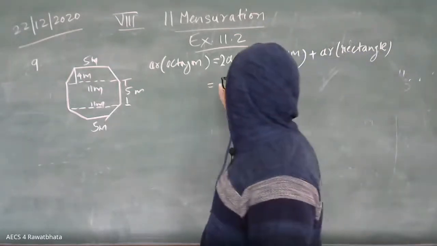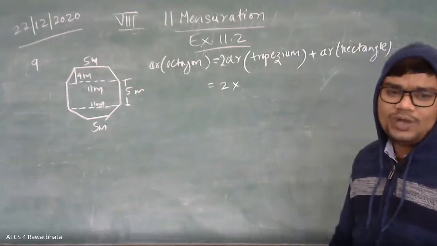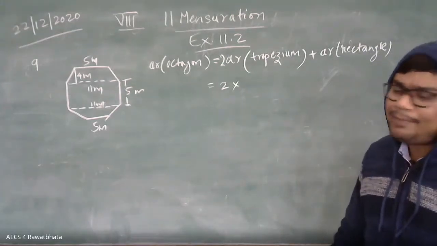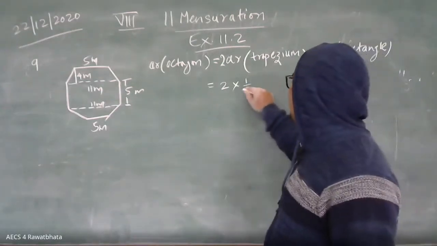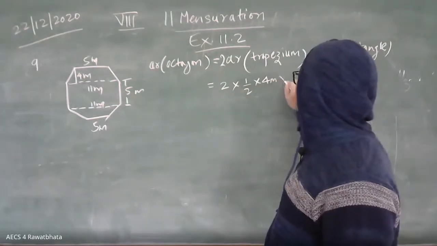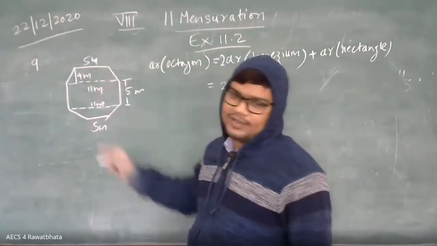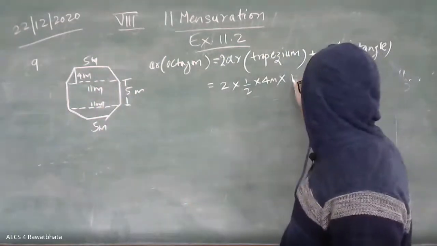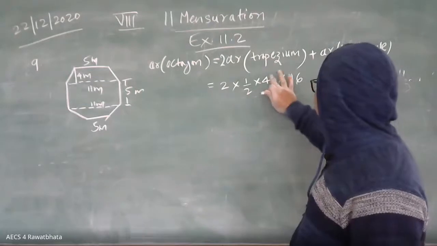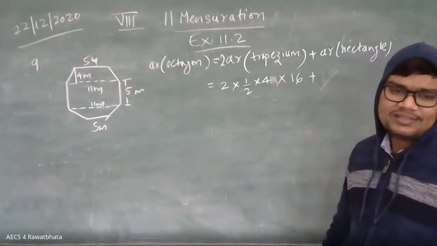So 2 into area of trapezium, which is half into h into sum of parallel sides. Half into h is 4 meters, into sum of parallel sides, this is 11 and 5. 11 plus 5 is 16. Plus area of rectangle, which is length into breadth.